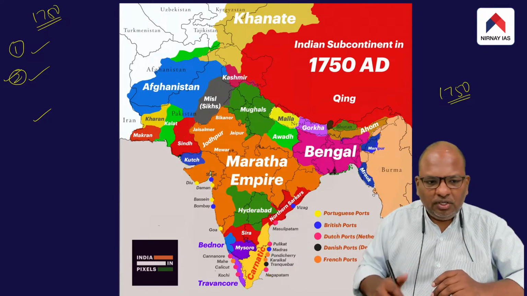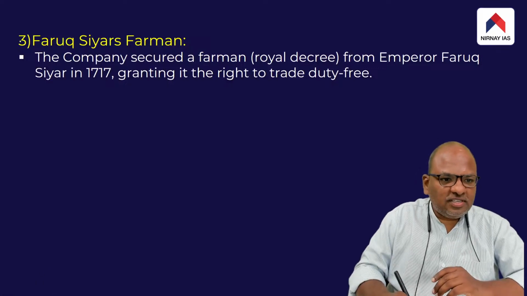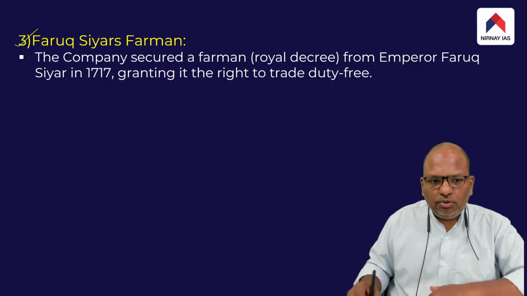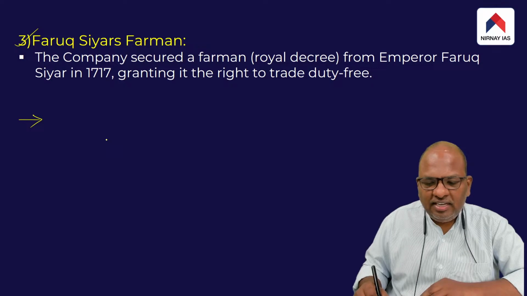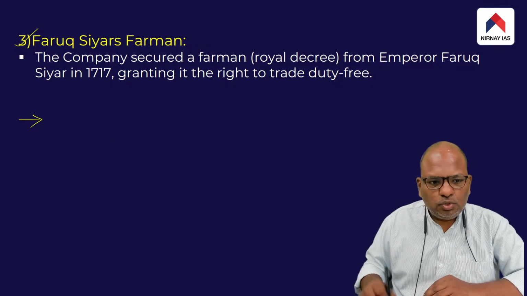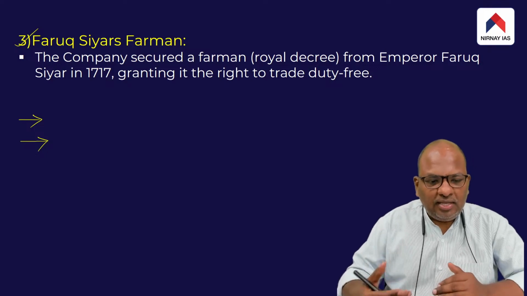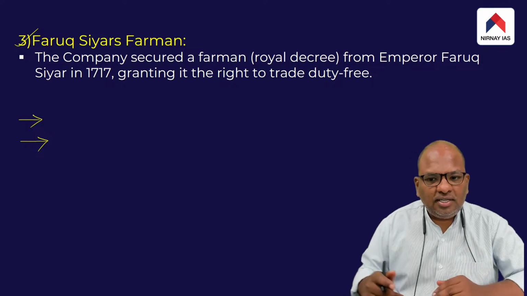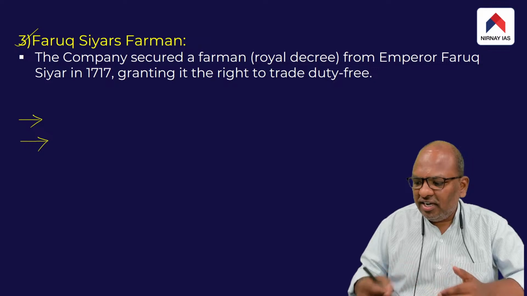Now let us discuss in this class. In the previous class we discussed Farrukh Siyar's farman as well. I told you that this farman was a very important event in the history of India. It was after Farrukh Siyar's farman that there was a many-fold increase in the profits of the East India Company.